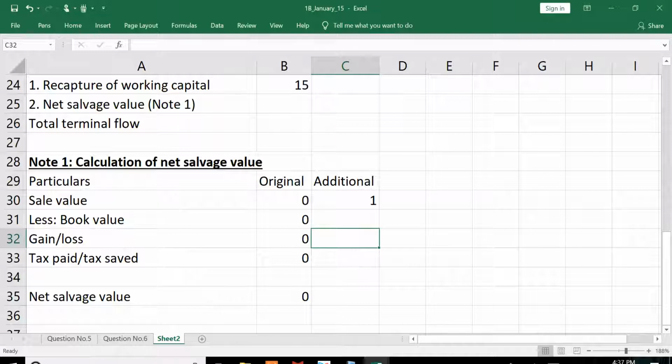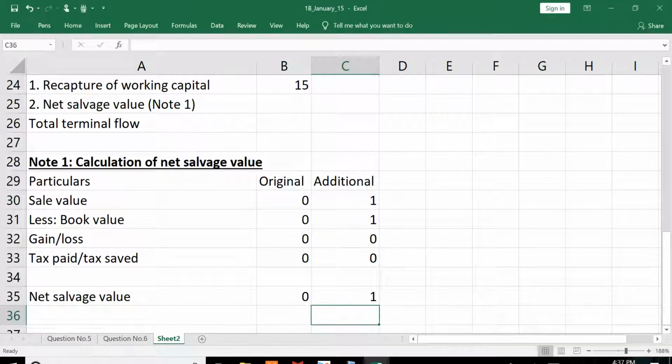How much was the depreciation? 1.5 lakhs. Every year we charge 1.5. So 1.5 into 6 is 9 lakh. So 10 minus 9, 1 lakh value will still be there in the books. Gain is going to be 0, tax is going to be 0 and NSV is going to be 1.